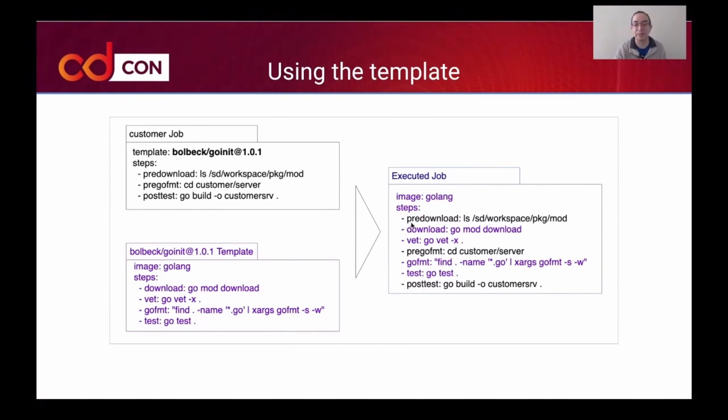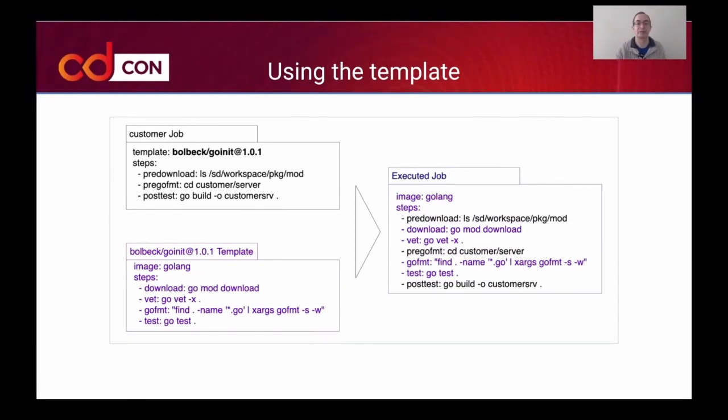So anything that was pre, for example pre-download, is put before the download step. Anything that's post, for example here, post-test, is going to be placed after the test step when it's actually executing the job and creating the pipeline.